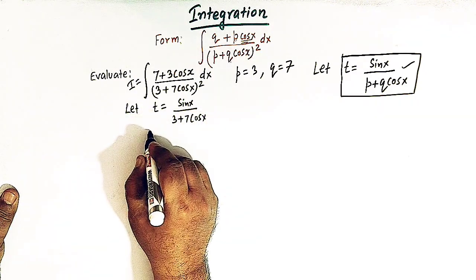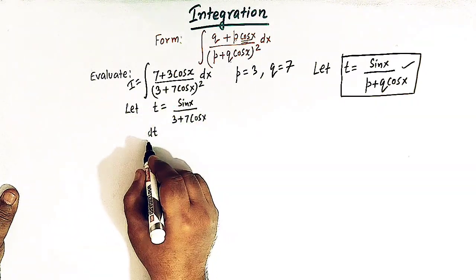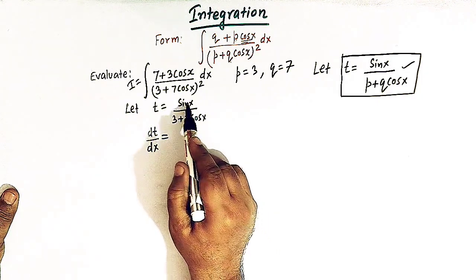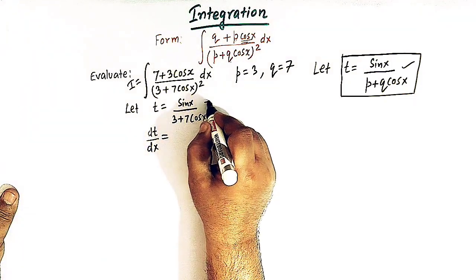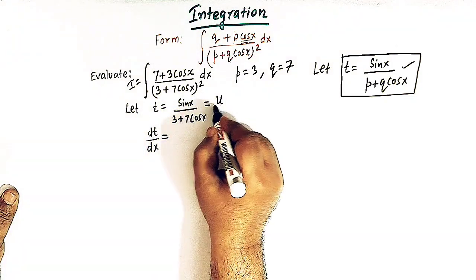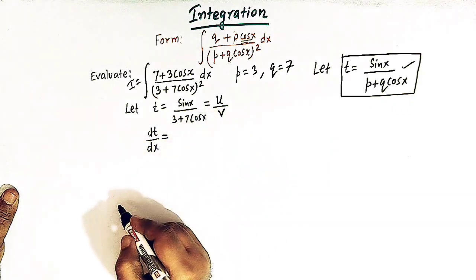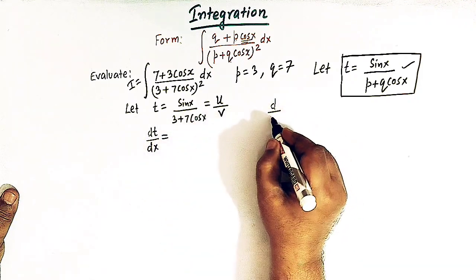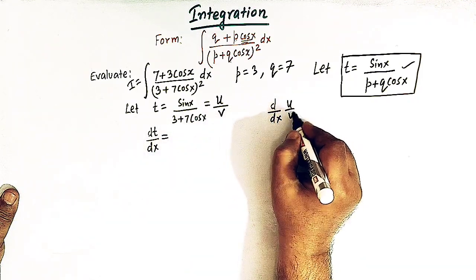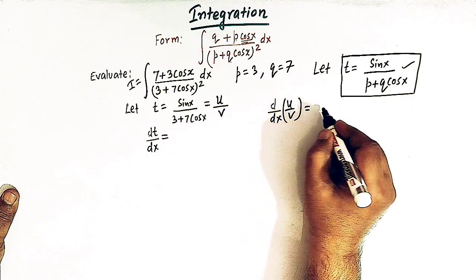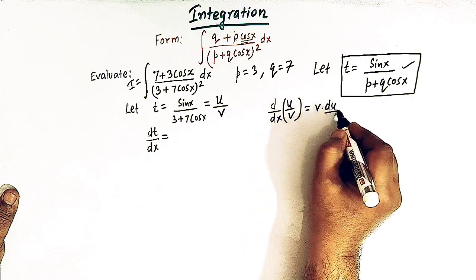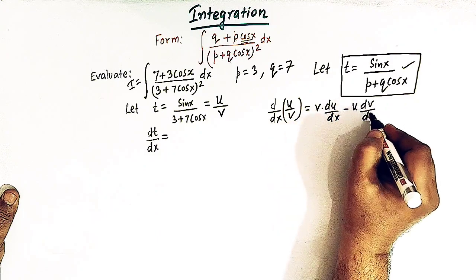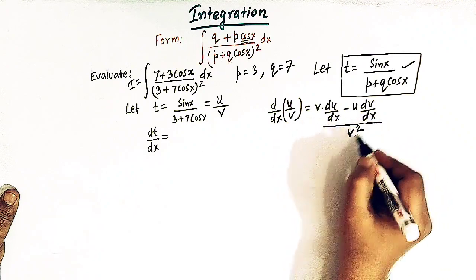Let us differentiate both sides with respect to x. So we have dt over dx, and here we have the quotient of two functions. This function may be taken as u and this function as v. We'll make use of the quotient rule for differentiation, that is, the derivative of u over v is given by (v du/dx minus u dv/dx) divided by v square.